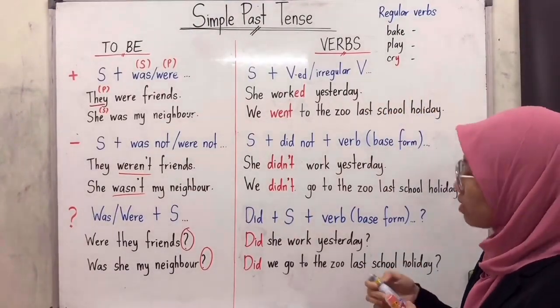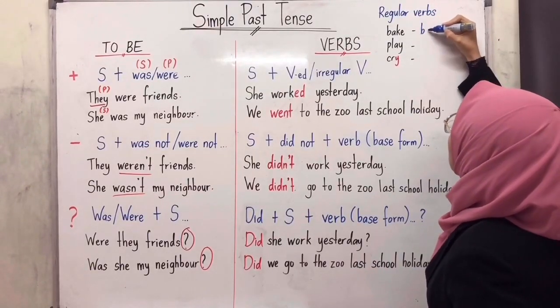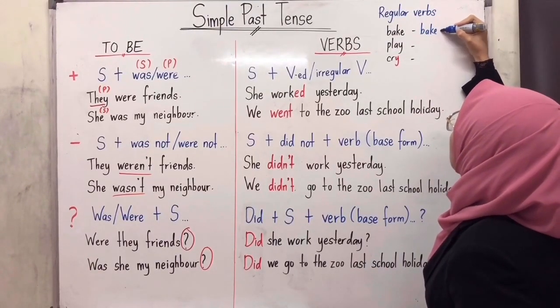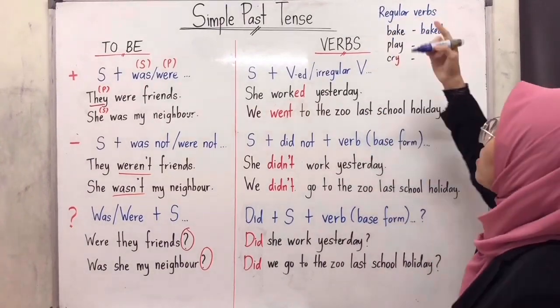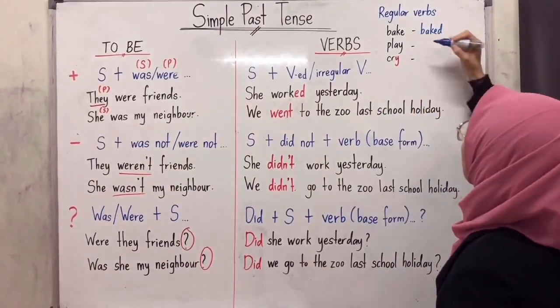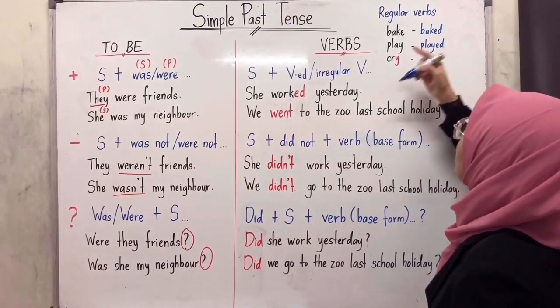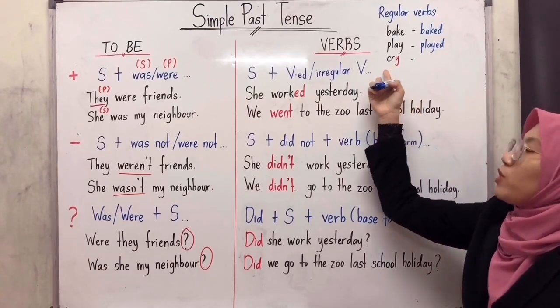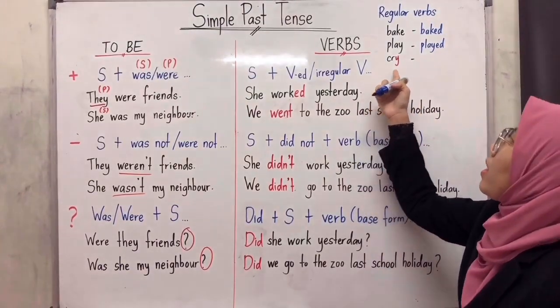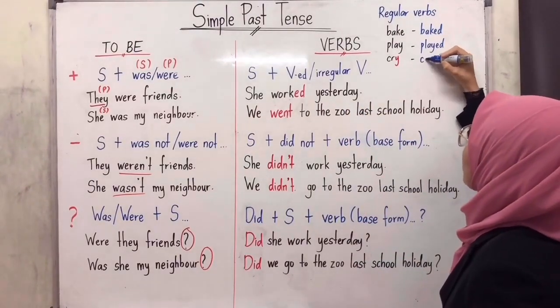For example, bake will become baked. Play, we just add ed to the end of the word, played. For cry, we need to delete y and change it to ied, so it will become cried.